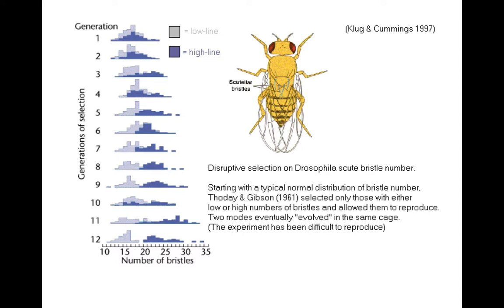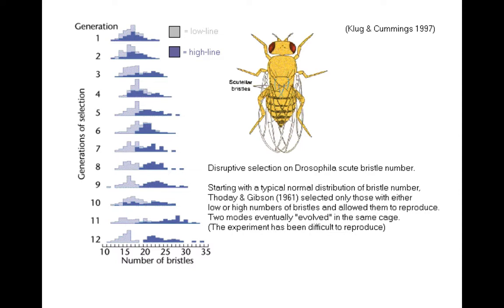And so we also are able to introduce genetic markers without the same kind of concerns that we have with higher taxa animals. And so we're able to measure a lot of change in a very short period of time. So here we're looking at the mean number of bristles that they have kind of on their backs. And we're able to, within 11, 12 generations, see two distinct populations emerge.